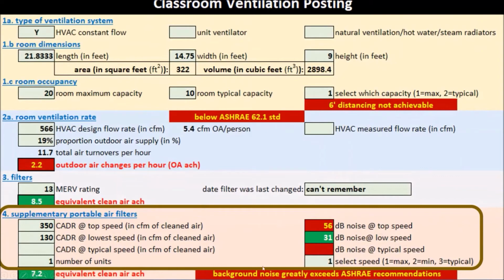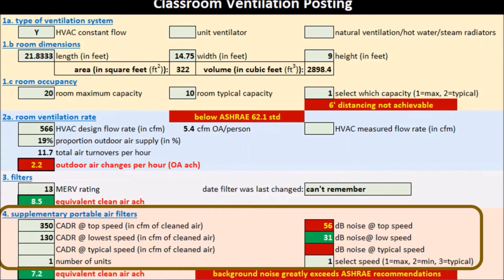And if we have one unit and we select the maximum, we'll have 7.2 equivalent air changes per hour just based on the air filter, but the background noise will greatly exceed the ASHRAE recommendations. The ASHRAE recommendations are 30 to 40 decibels for a classroom. We put a middle zone from about 40 to 50 or 55 decibels as tolerable but still noisy, and then over 55 as intolerable.